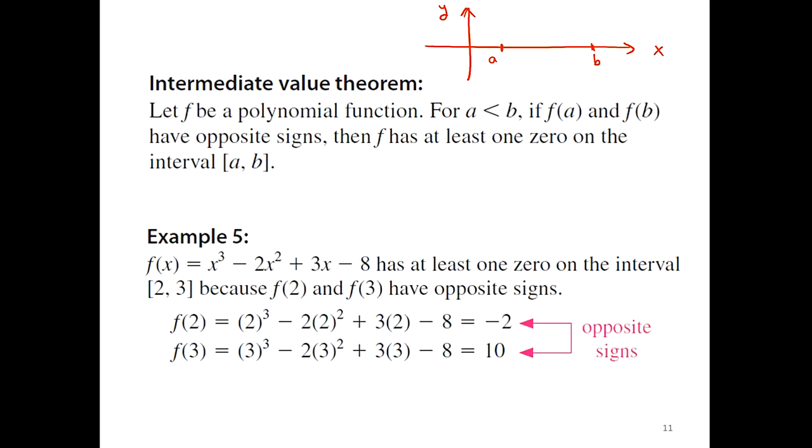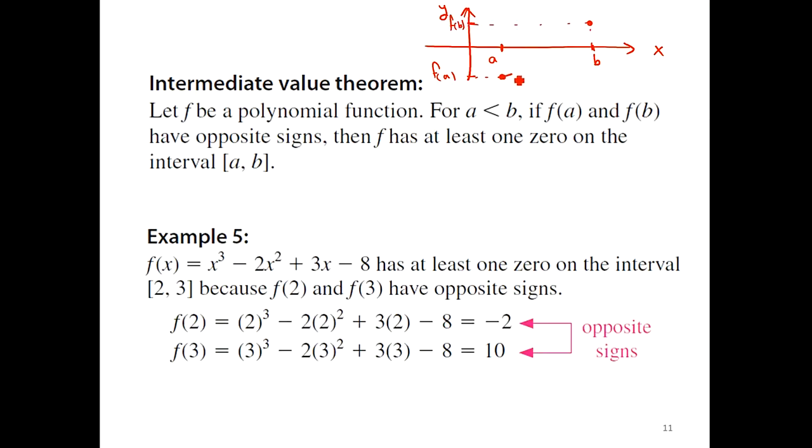If f(a) negative, f(b) positive, or if f(a) positive, f(b) negative. So we have different, opposite sign. For example, at a, f(a) negative, and at b, f(b) positive.